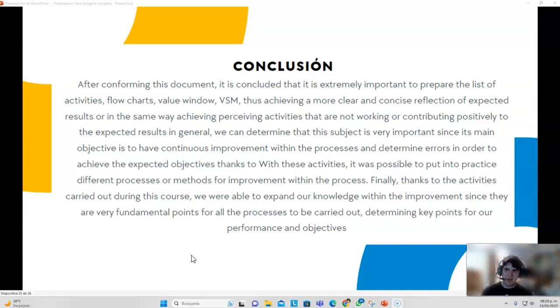For example, in the second unit we made the project about a sushi restaurant, and we took all the information you gave us and applied all this theory to the production process of this restaurant.